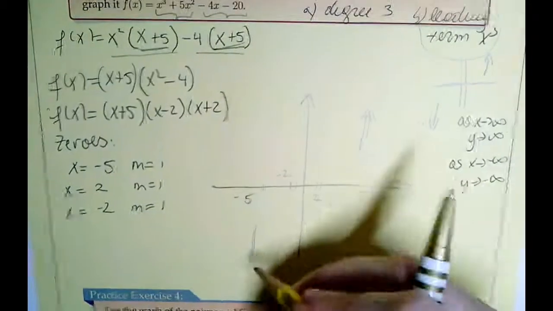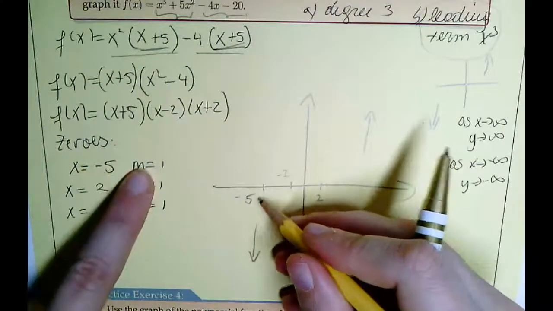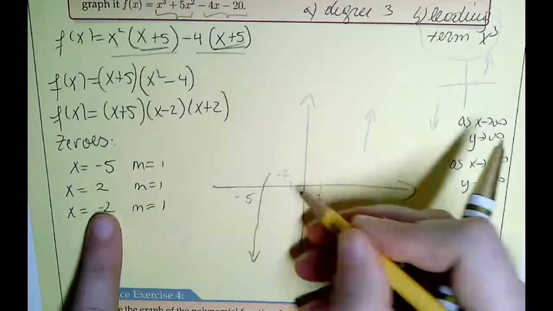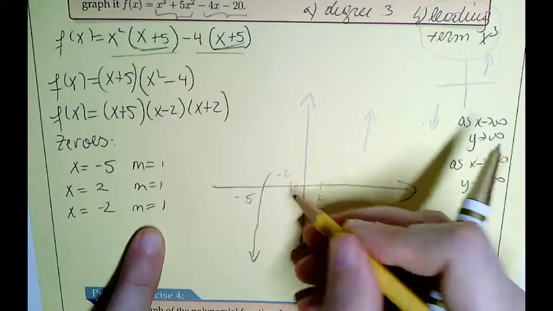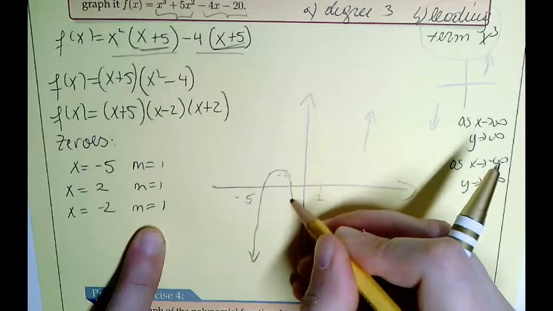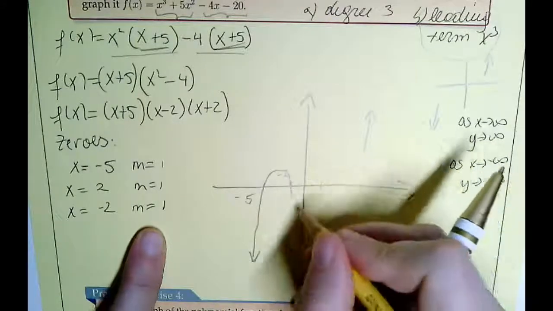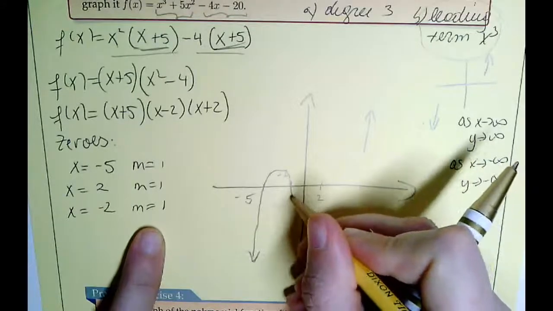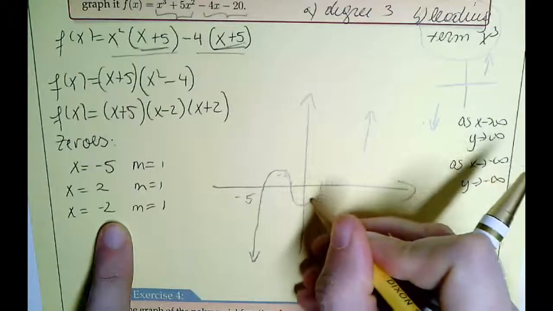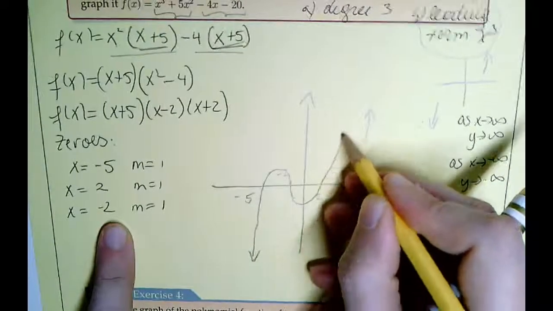So I start here, and at -5 I have to straight cross. Then at -2 I also have to cross, so I come back down and straight up cross. No touch and go. And then I come back and cross at 2, and then I go all the way up.